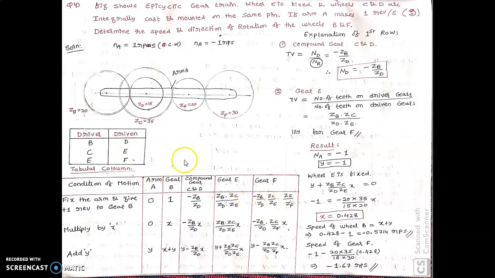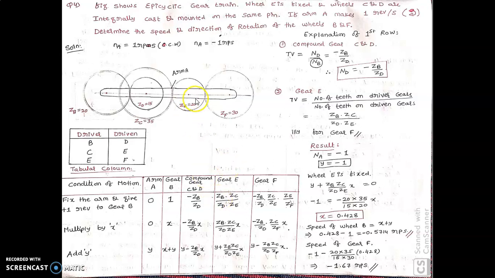Now, if this rotates anti-clockwise, this is clockwise. If this is clockwise, ZC is also clockwise, and ZE rotates anti-clockwise. So B and E have the same kind of rotation. That's why it is a plus sign.